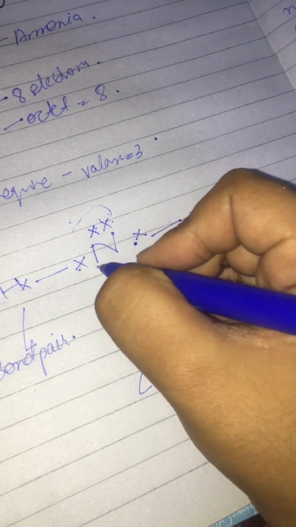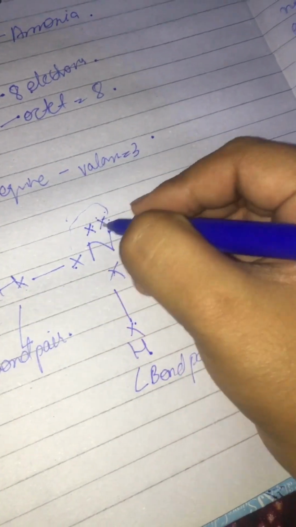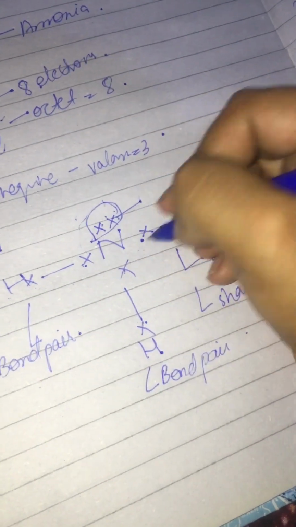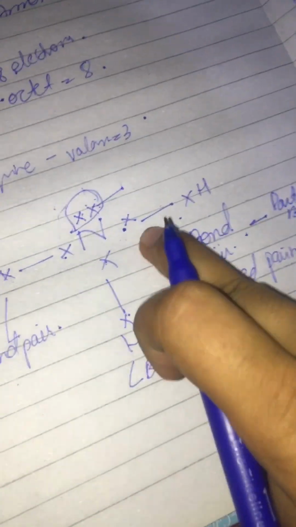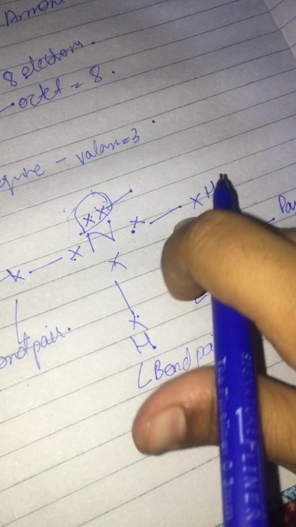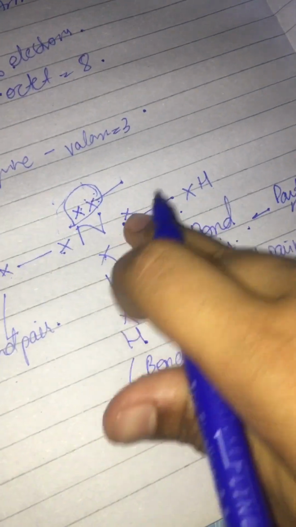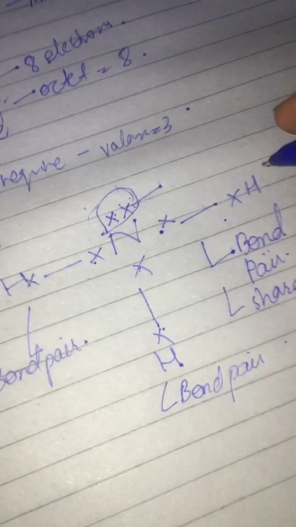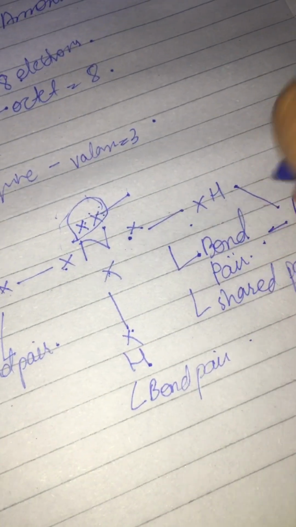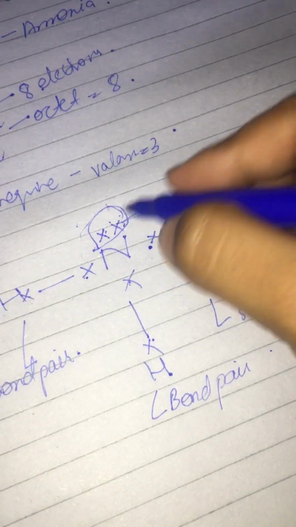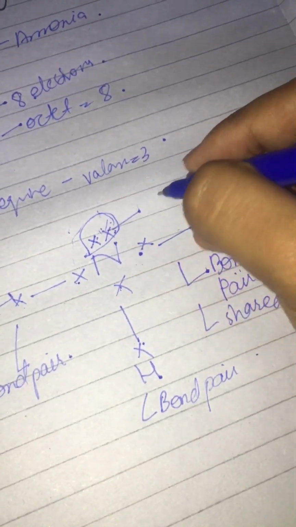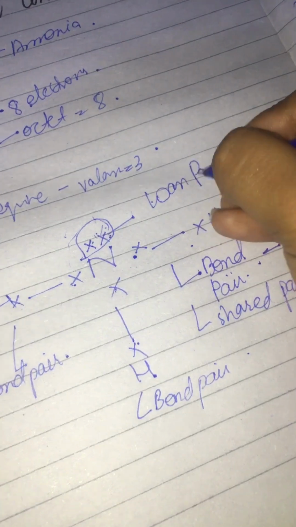The one that has completed its electrons, like here, does not participate in any bonding. Here we have written 1x, one electron, which means they require 1 electron to complete the outermost shell, so this one has participated in a bond pair. But this one has not participated, because it was already completed, so this is known as a lone pair.